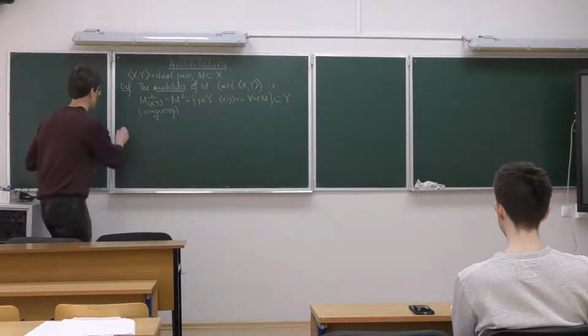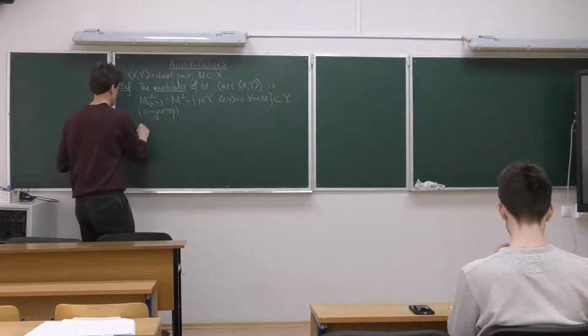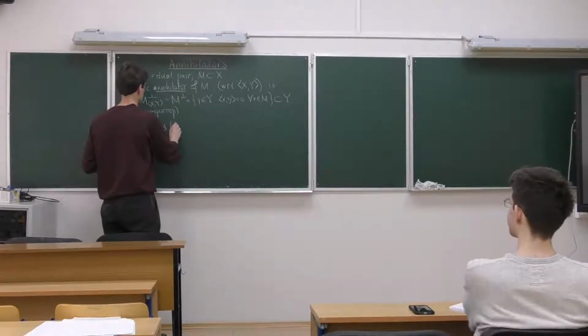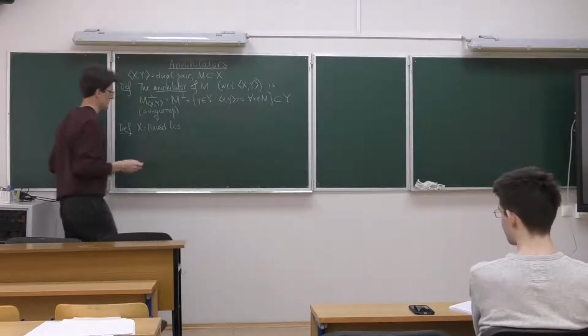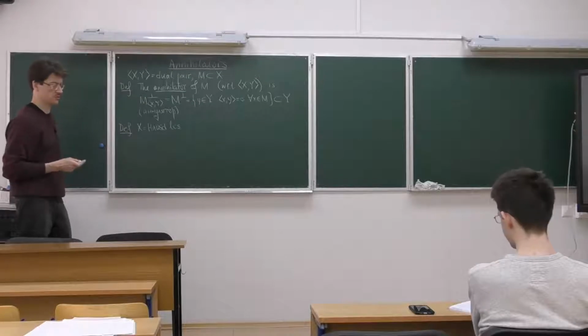Well, here's a special case, an important special case of this notion. Suppose that X is a Hausdorff locally convex space. So we know that in this case, X and its dual, the topological dual, the space of all continuous linear functionals, form a dual pair.